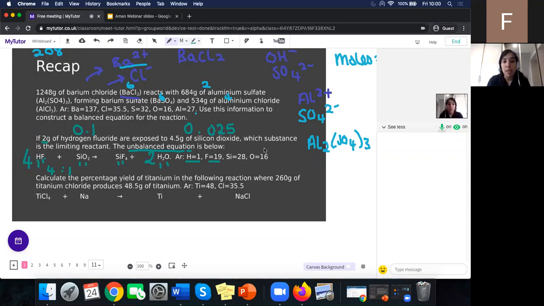So then that means we have 1.5 grams of silicon dioxide. And if we have a look at our question, we can actually see we started off with 2 grams of hydrogen fluoride, but we have 4.5 grams of silicon dioxide. So what's in excess is the silicon dioxide, and therefore the limiting reactant is the hydrogen fluoride. Well done to everyone that sent me answers. Yep, HF is the limiting reactant.